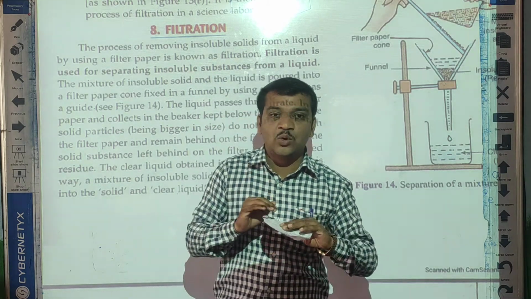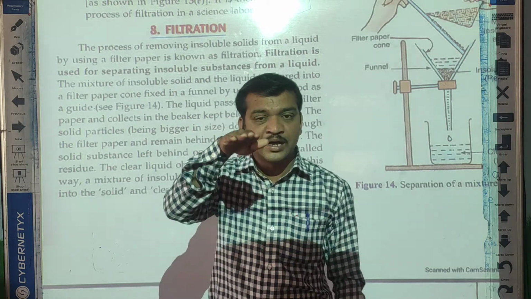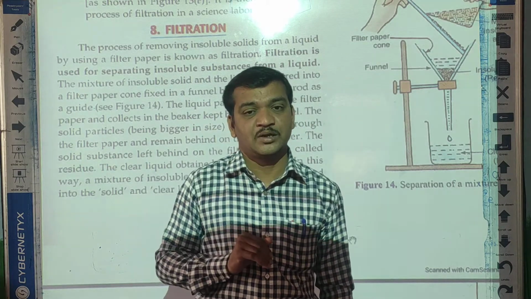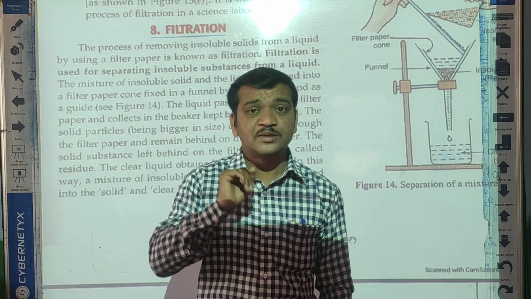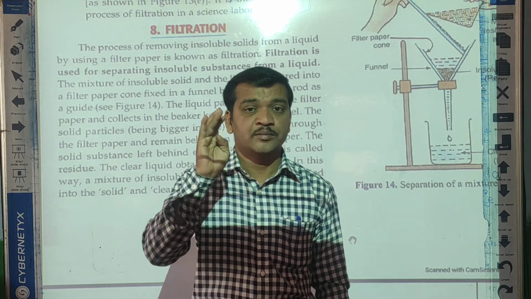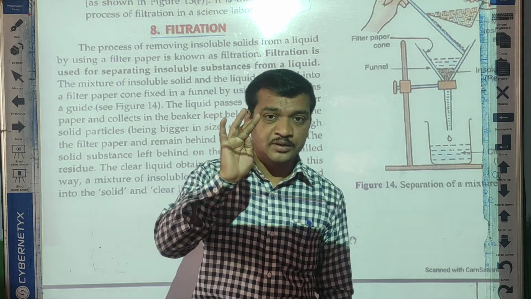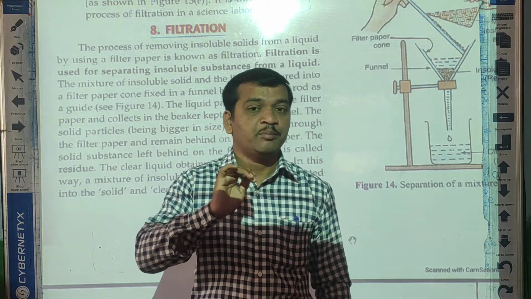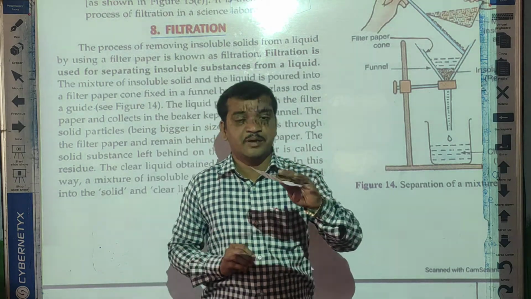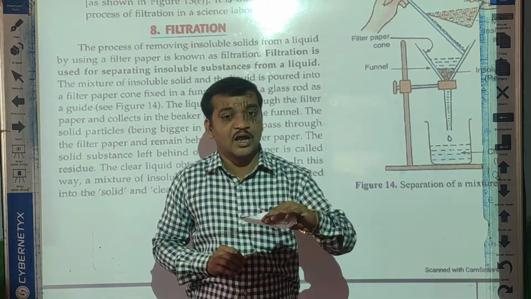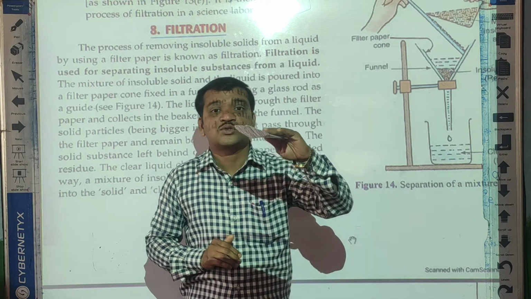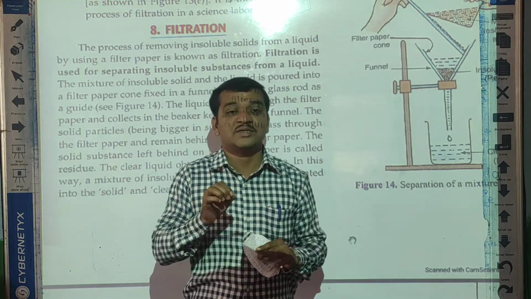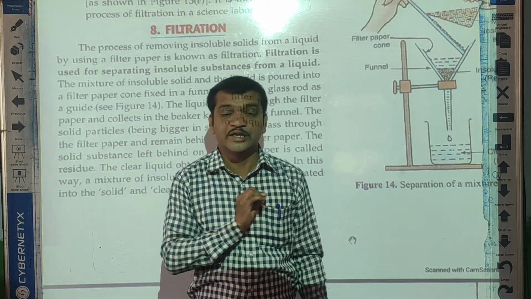These tiny holes allow only liquid substances like oil, petrol, and water, but this filter paper will not allow the solid impurities which are insoluble in liquids.